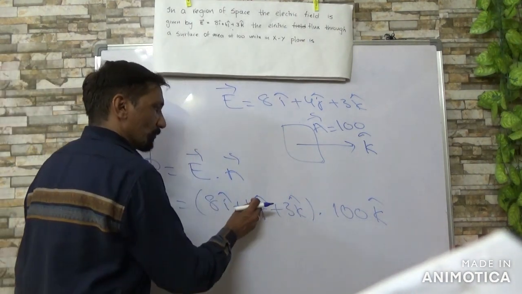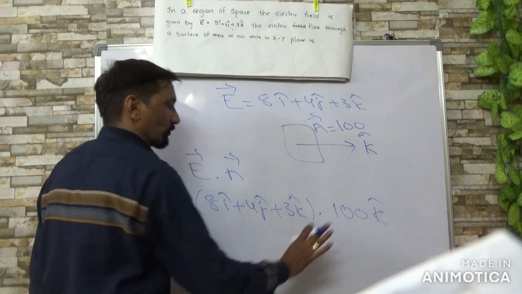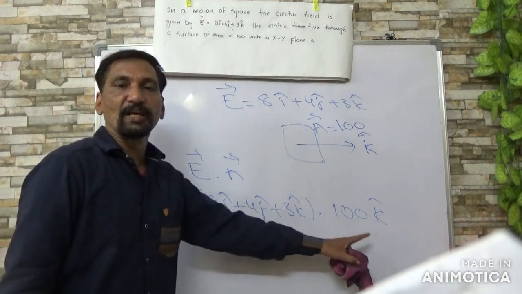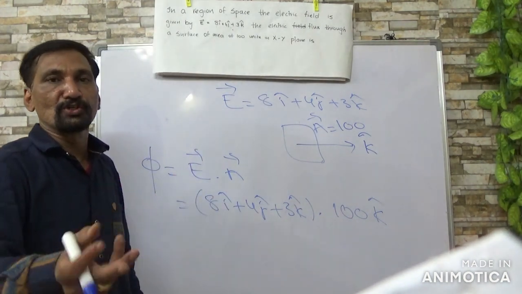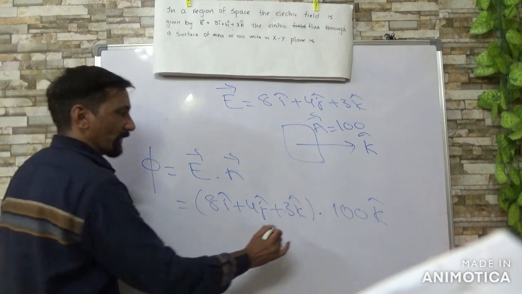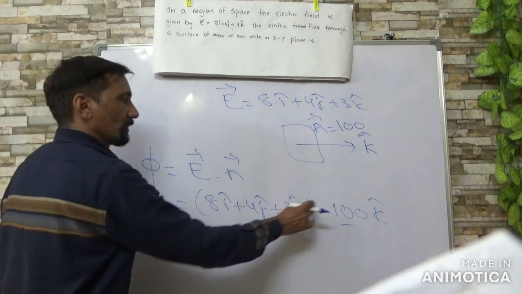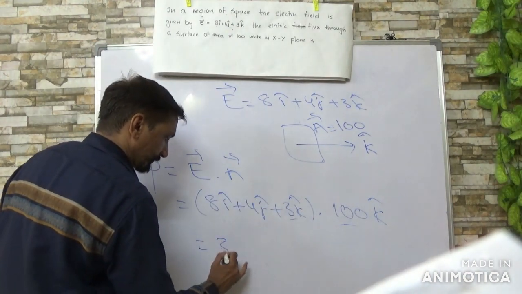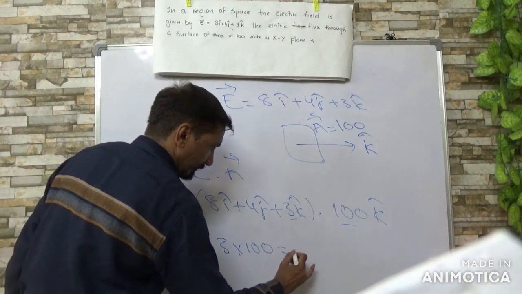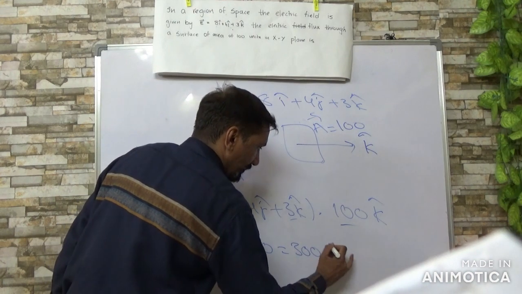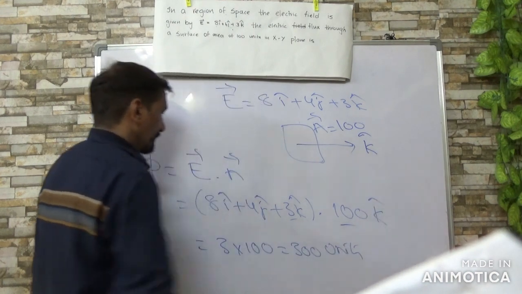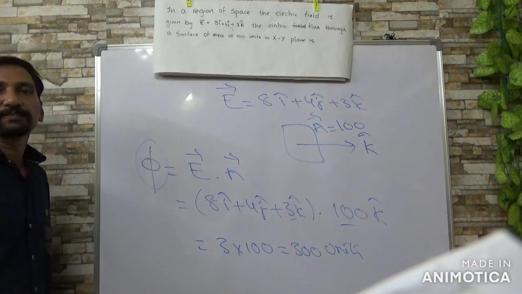A1 A2, B1 B2, C1 C2. Here there are no I, J terms, so that is why the quotient is taken as 0. So A3 B3 gives 300. So 300 units is the flux.